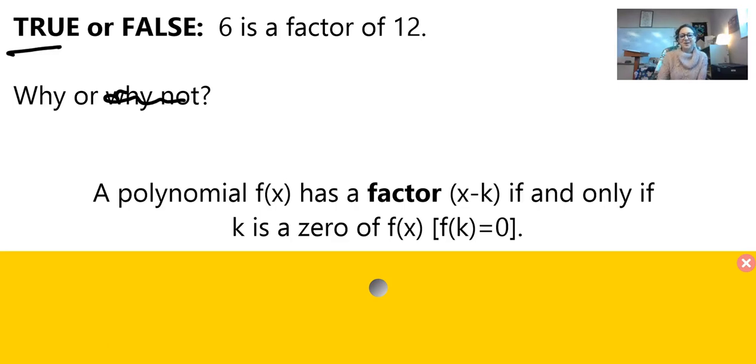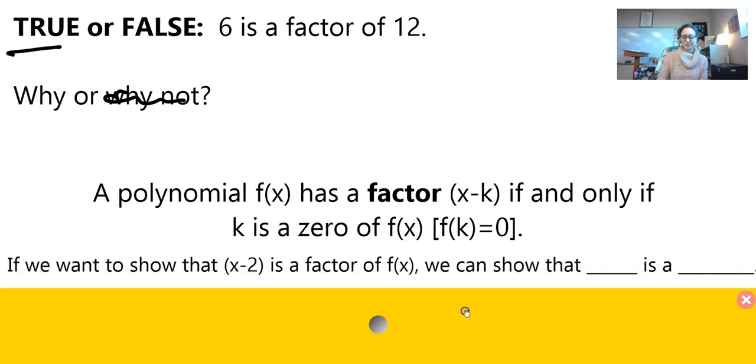So the same is true for polynomials. If f has a factor of k minus x, the only way that works is if k is a 0 of f, right? Again, you don't need to write this, but let's talk this through together. If we want to show that x minus 2 is a factor of f, we can show that x equals 2 is a 0 of f, and vice versa.